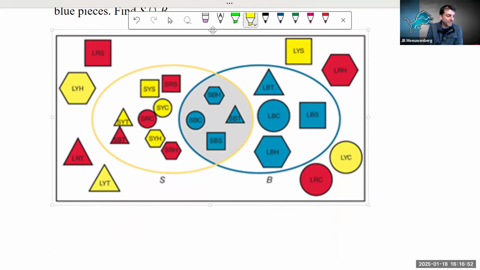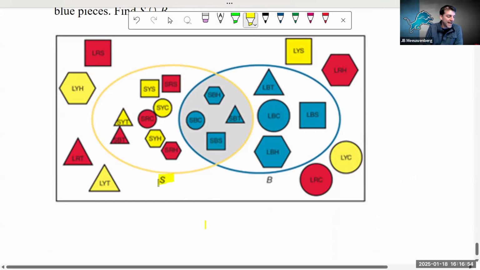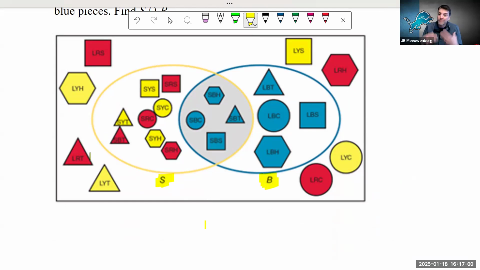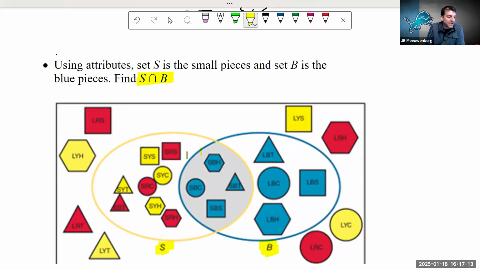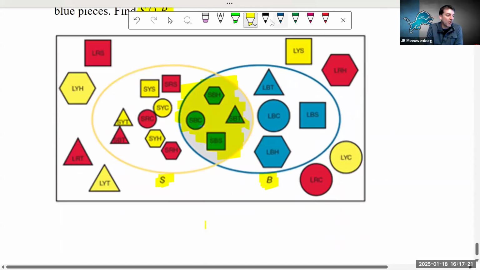Notice how we have set S, set B. You got some pieces that are outside. They're in the universal set because they're part of your attributes. They just don't belong in either circle. And what we were finding was S intersect B. We were trying to find just the things that exist in the middle here. And what do we end up with? 4 different elements.